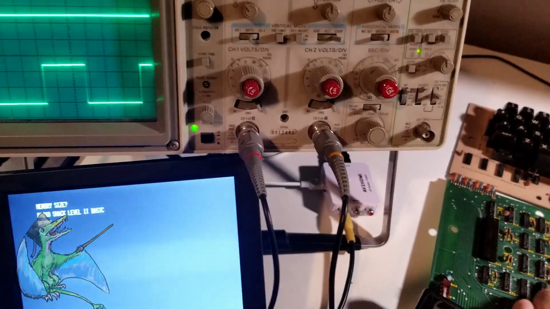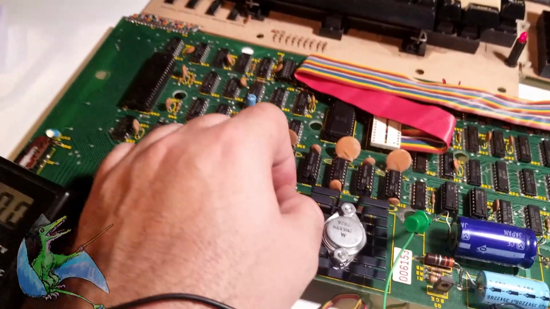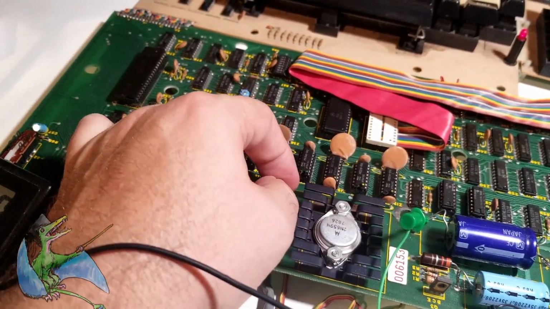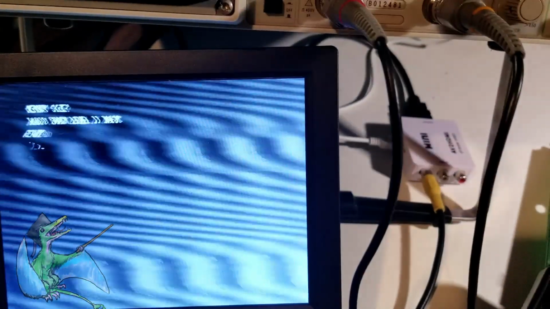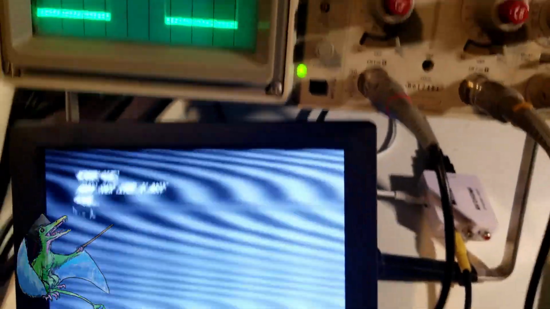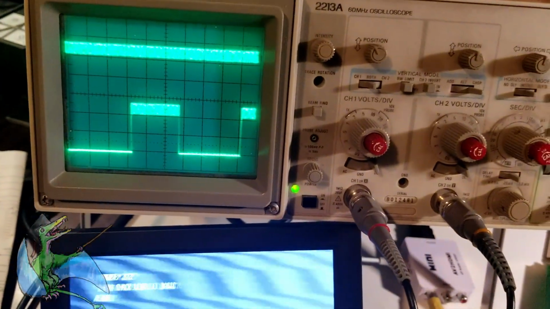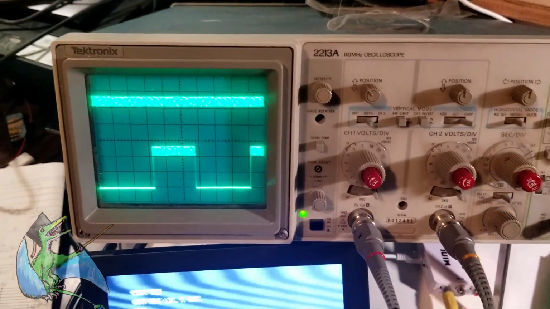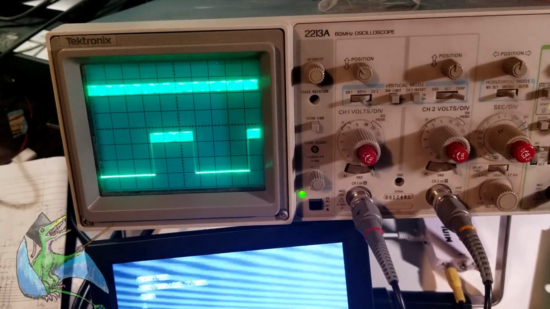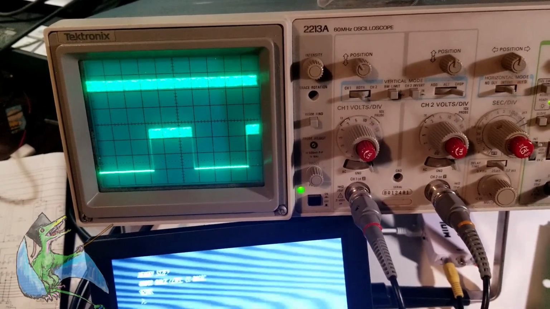So let me just show you what I'm doing over here. Yeah, holding the capacitor in. Oh, you see, it popped out, and there we go, we're back to that shitty wide top there. So let's turn this off.